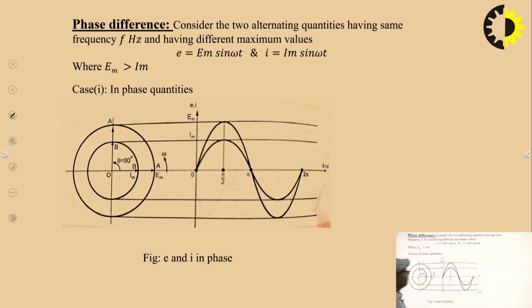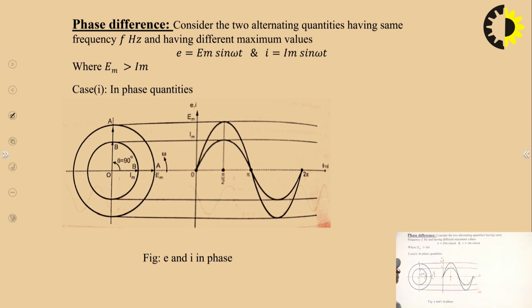Now, phase difference. Sometimes it is said that these AC quantities have some phase difference, or we can say this AC quantity is leading and this AC quantity is lagging. So, what is the meaning of leading or lagging in the case of AC quantities? Suppose we have two AC quantities.